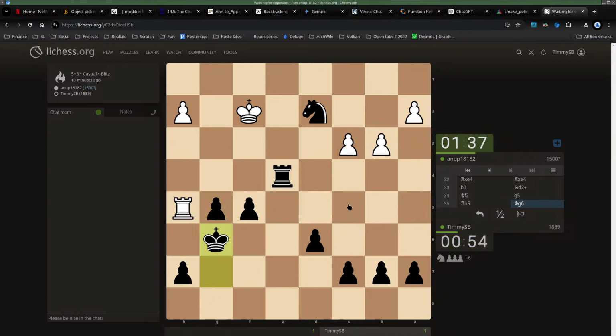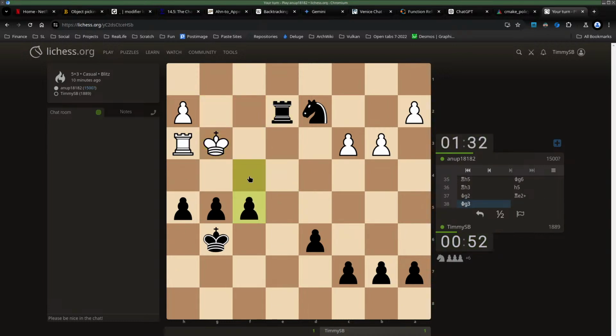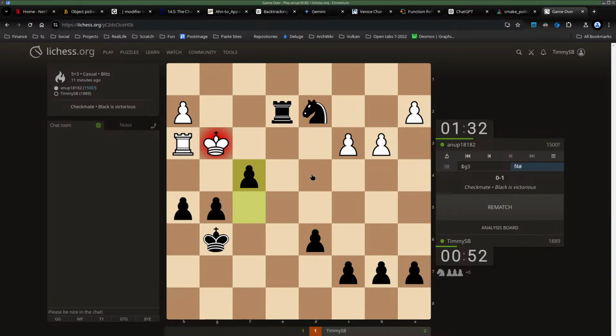Yeah, with tempo. My king wants to go forward. Didn't you know that? What kind of move is that? What kind of move is that? Checkmate with a pawn. Oh, nope. Oh, horrible. Yeah, that was just the last move. You could have avoided the pawn, mate.